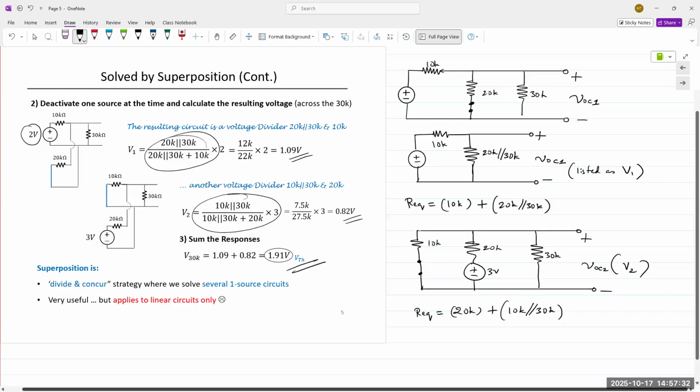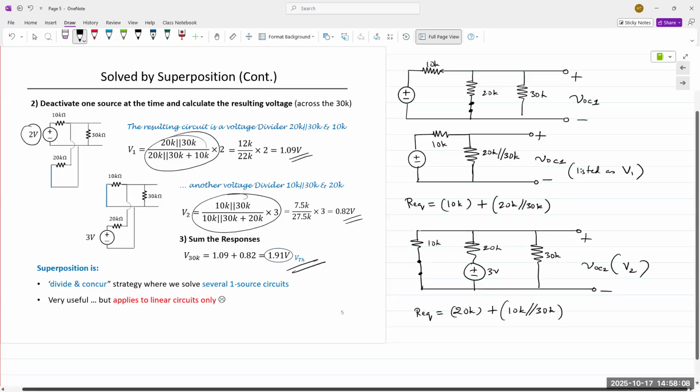Now, obviously, it takes a long time, because if you have n number of sources, you have to perform n analyses for each voltage or each current that you want to find. If you have two sources and three resistors in the circuit, and you wish to find the three resistor voltages and the three resistor currents, that's 6 quantities, and we must analyze the circuit 2 times for each quantity.